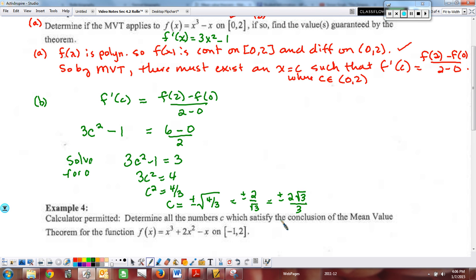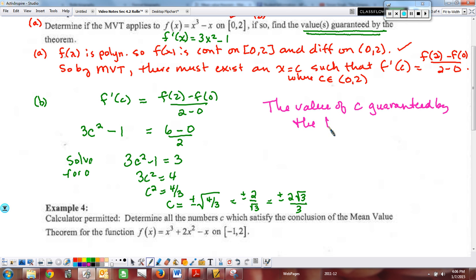Now, I'm going to caution you here. Remember, we're trying to find the value guaranteed by the theorem, which means we're trying to find the value in the interval 0 to 2. So even though there are two values that satisfy this, the value of c guaranteed by the theorem is c equal to the positive 2 square root of 3 over 3.